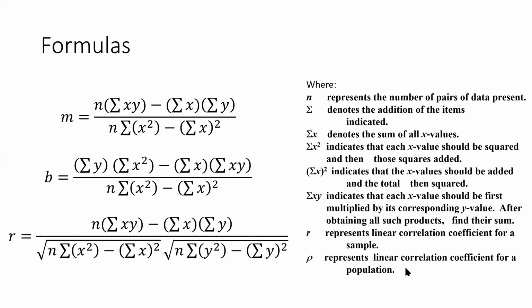So here are some formulas that are used to find the slope of the line m, the y-intercept b, and the correlation coefficient r. I just wanted to show you the formulas. I'm not gonna ask you to use them. As I mentioned before, we're gonna use technology, but these are the formulas behind the technology results.